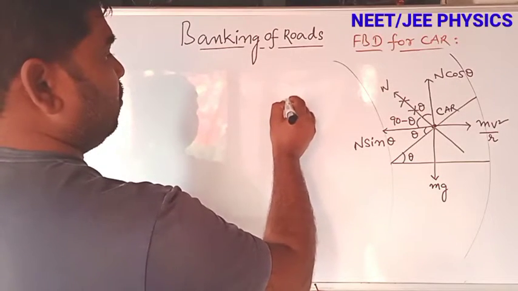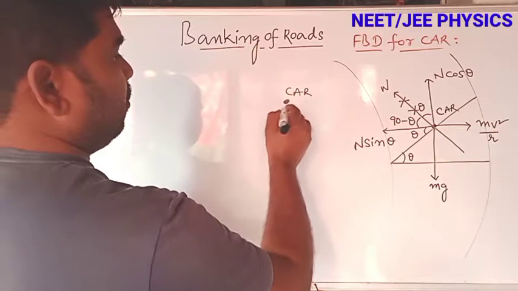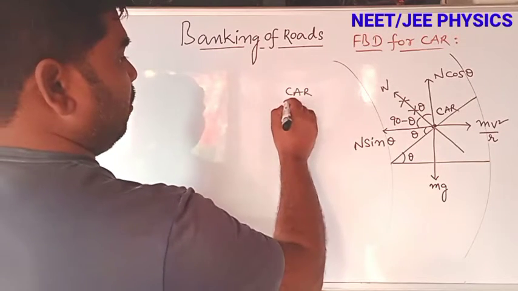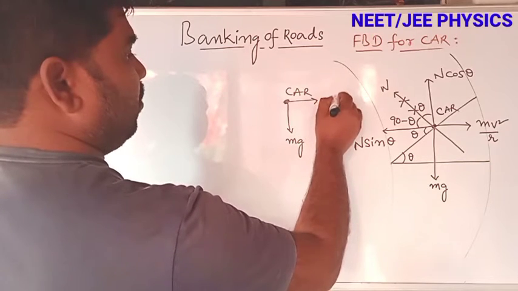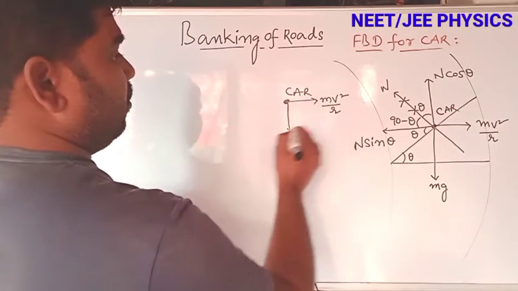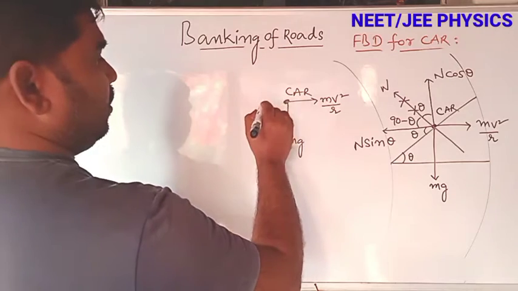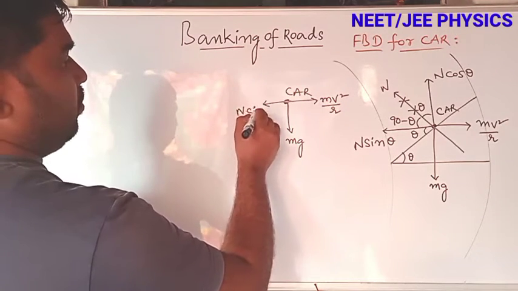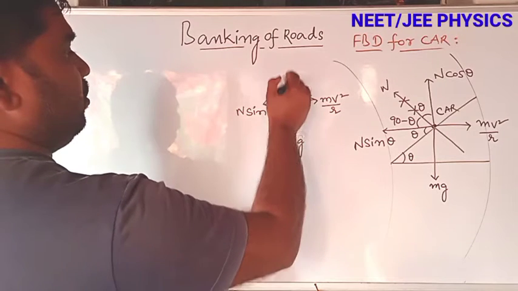Simplifying the diagram again: this is the car, weight is acting mg, the centripetal force is mv square by r, the inward force is n sin theta, and the upward force is n cos theta.